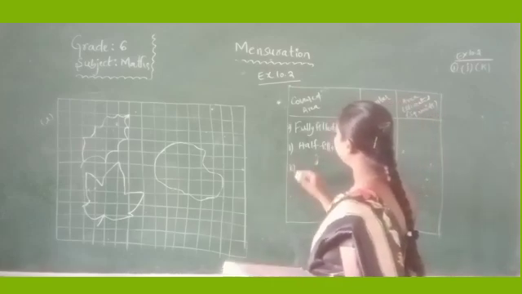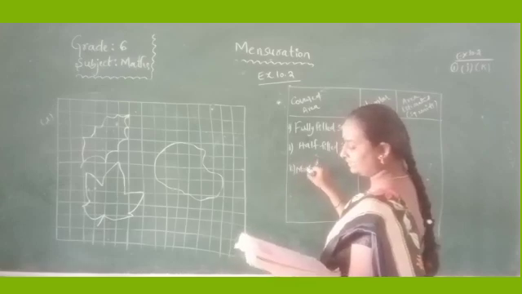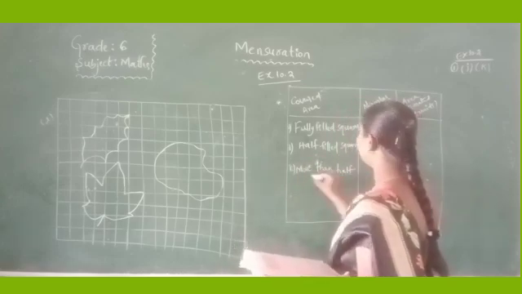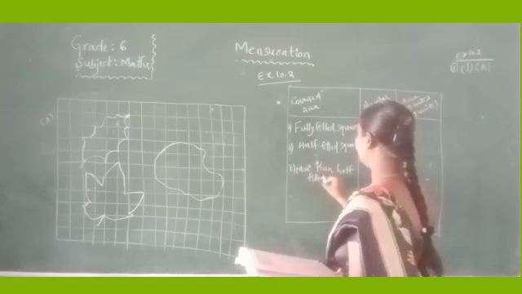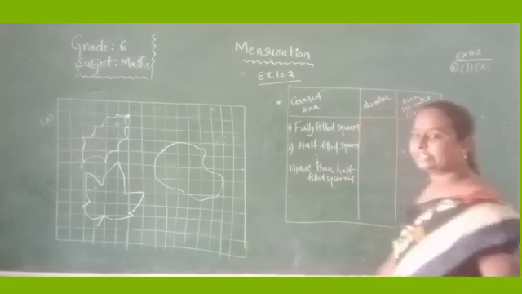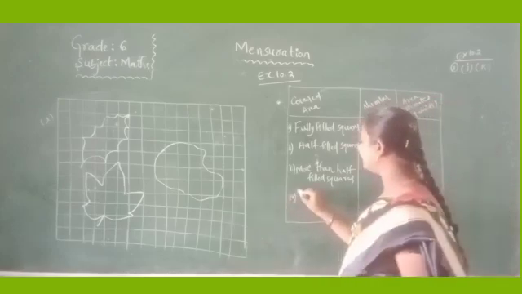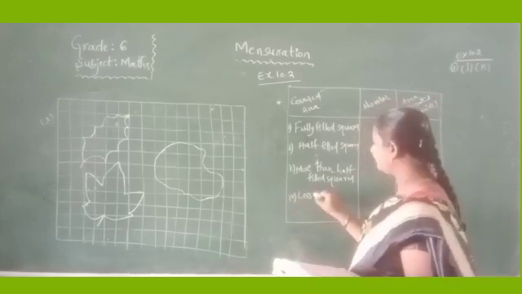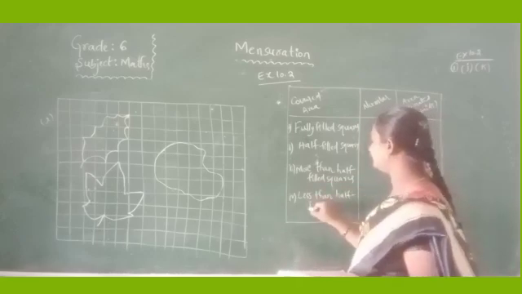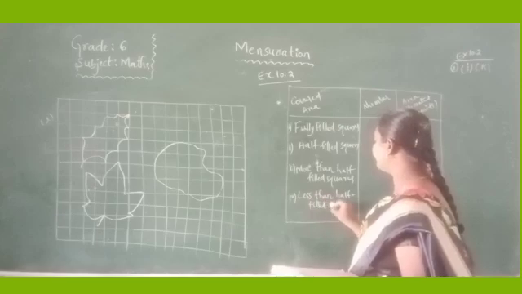And third one, more than half filled squares. More than half filled squares. And fourth one, less than half filled squares. Less than half filled squares.